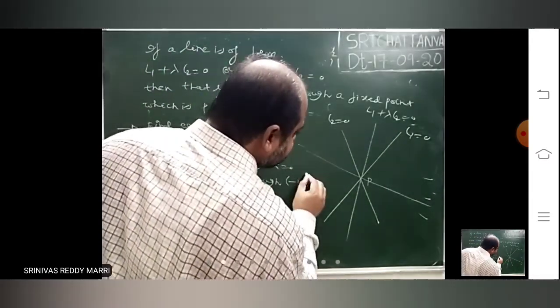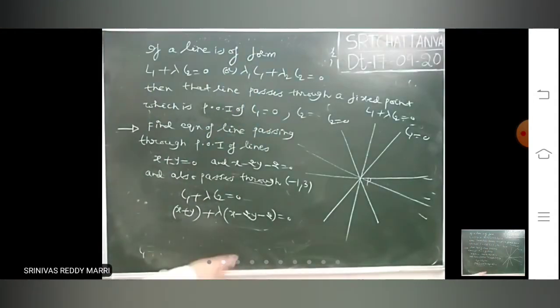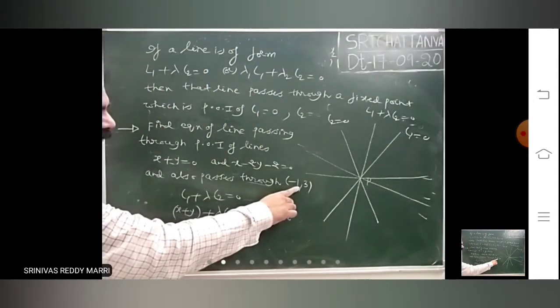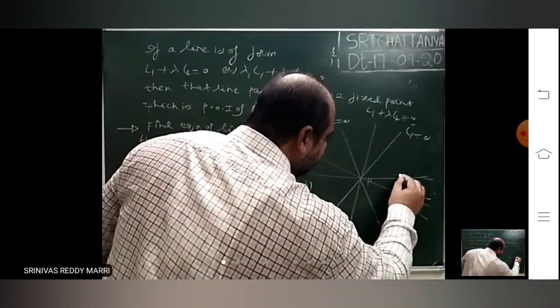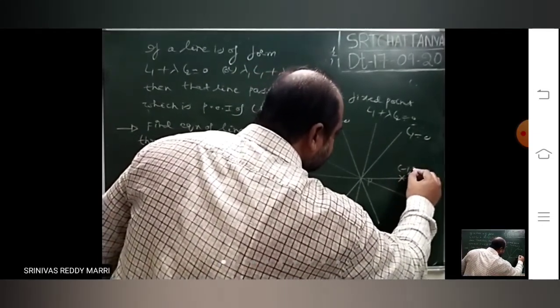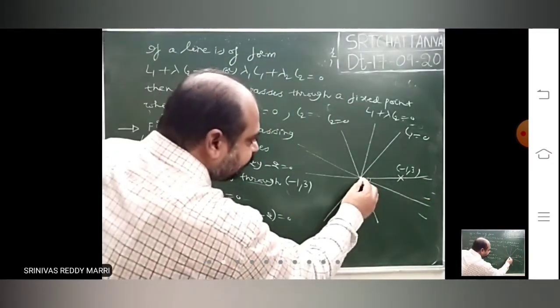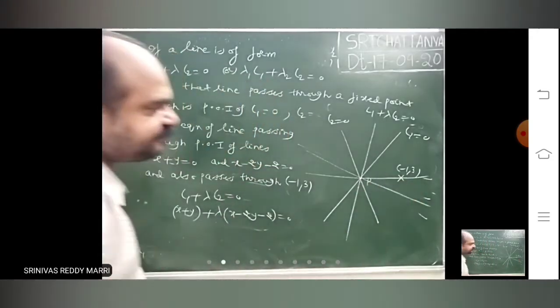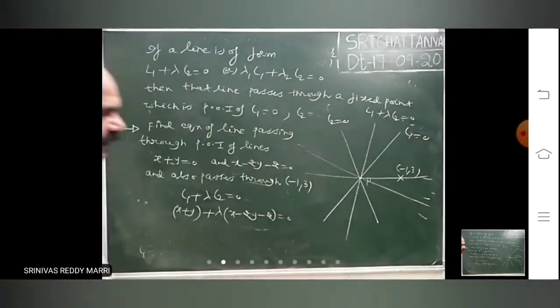There will be infinite lines like this passing through a single point. But he has given that our required line will pass through minus 1, 3. If the line also passes through minus 1, 3, only one line will be there, so a unique line.